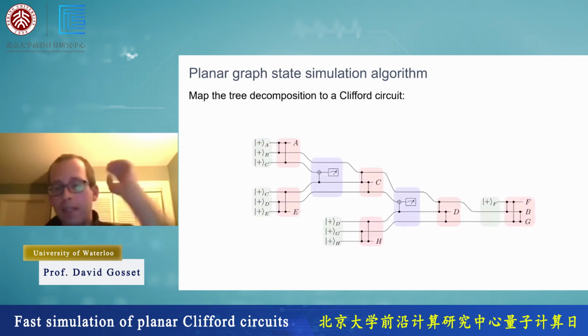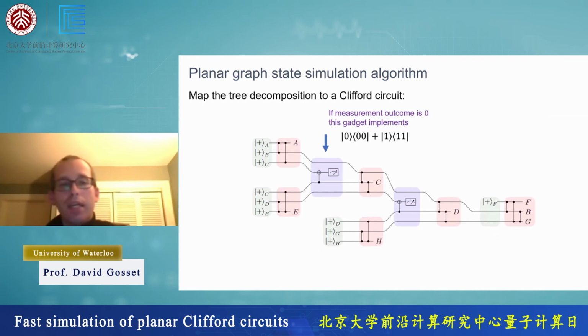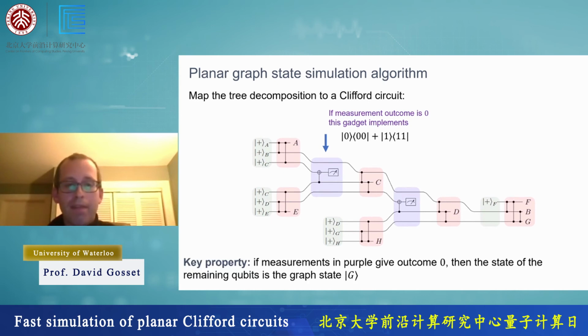This circuit that we construct from the tree decomposition has a couple of properties. First of all, when you make these merge ancilla measurements, if you get the measurement outcome 0, then the gadget implements the following isometry. I have not fully explained this, but it follows from that and from the structure of graph states that if you get the measurement outcome 0 for all of the measurements in these purple gadgets, then the state of the remaining qubits, the ones at the output, is in fact the graph state.